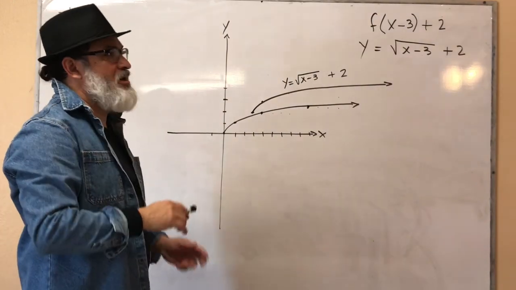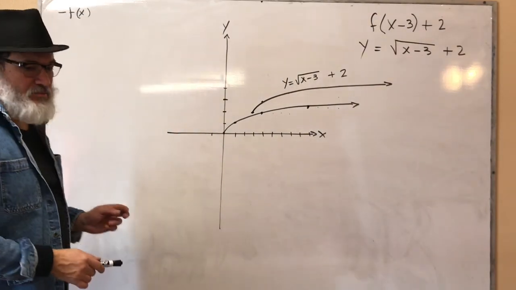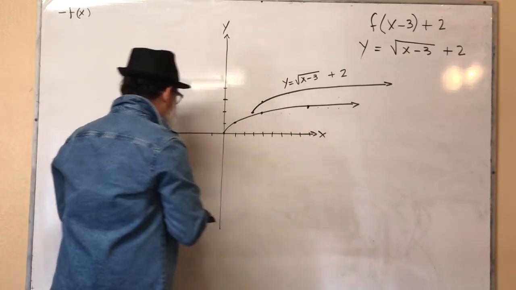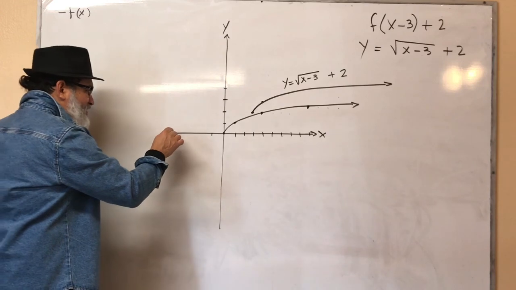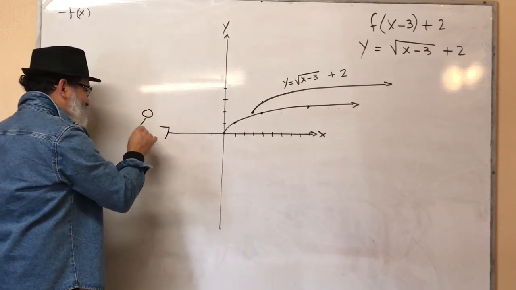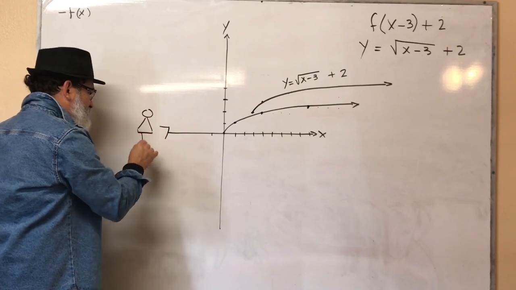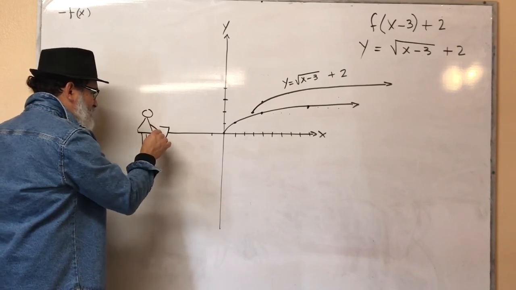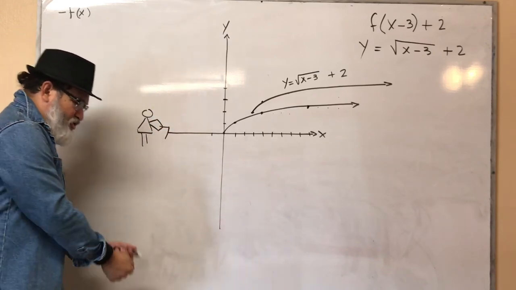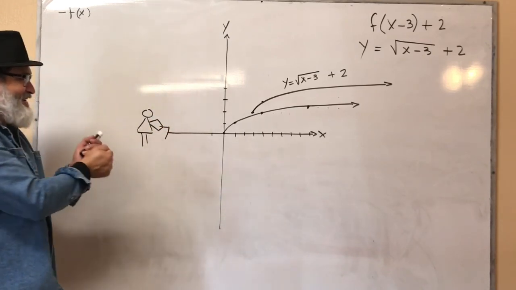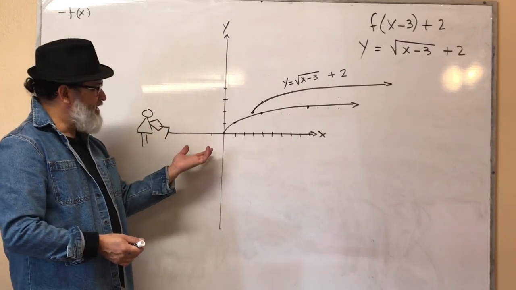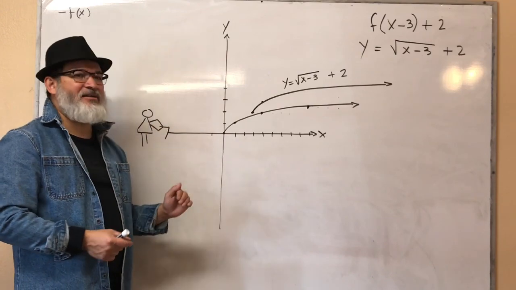across the x-axis. In other words, here is the x-axis, and you put a lever there. You grab the lever, and as you turn the lever, you are reflecting across the x-axis.